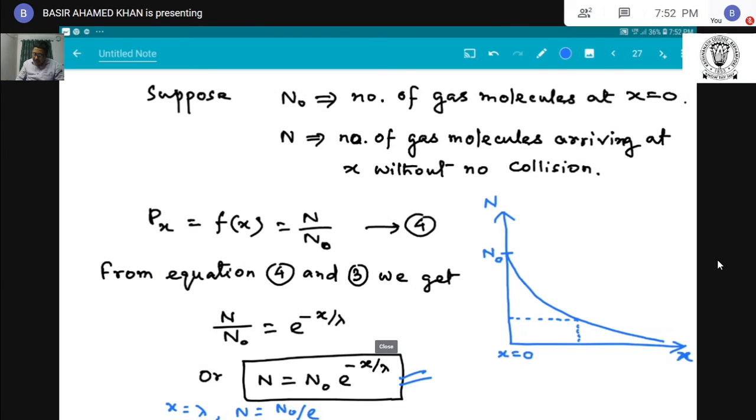That means at x equal to lambda, the value is n0 divided by e. This is the survival equation, or the expression of the existing number of gas molecules which are traveling a distance x without collision.